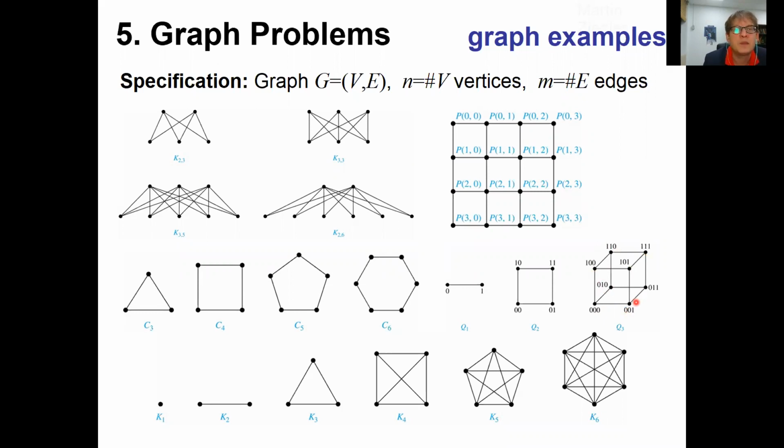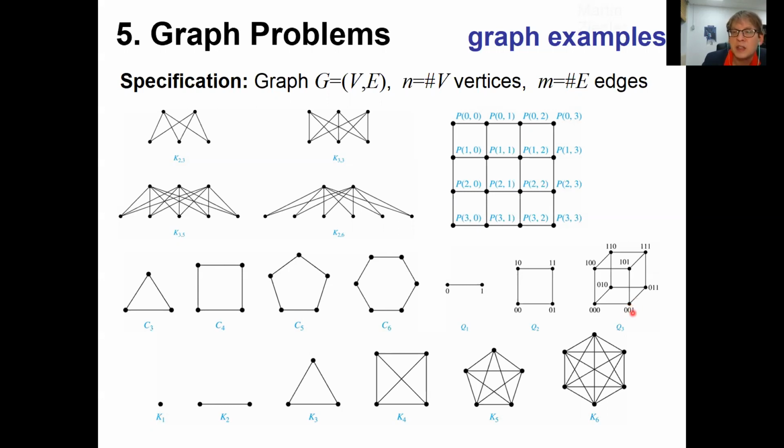And an edge formally exists between any 2 vertices, between any 2 bit strings of length d, if the 2 bit strings differ in precisely 1 bit. Let me say that again. If 2 bit strings, all of length d, differ in exactly 1 bit, then there's an edge between the two vertices represented by these bit strings.